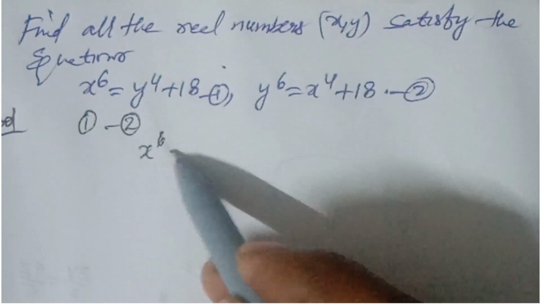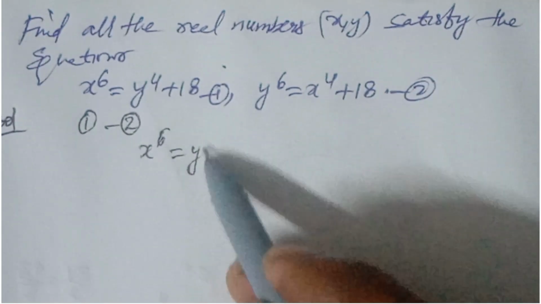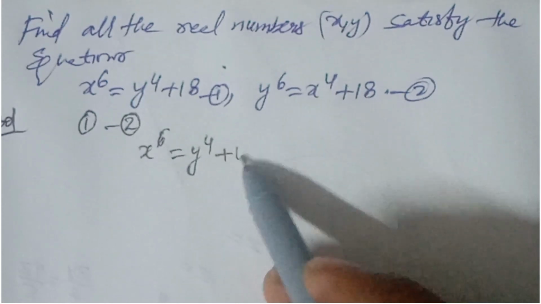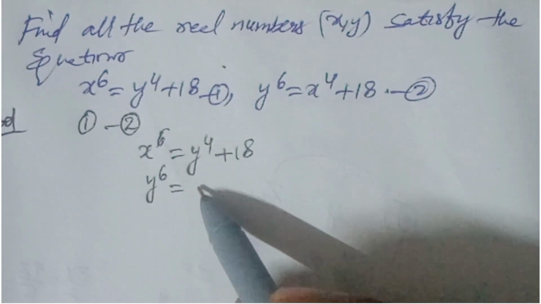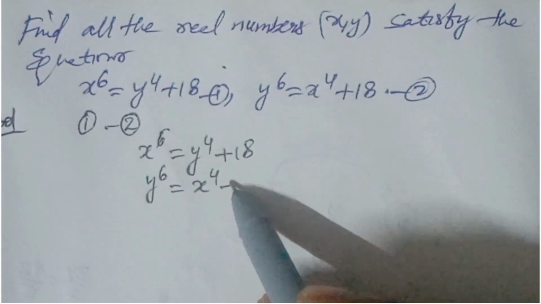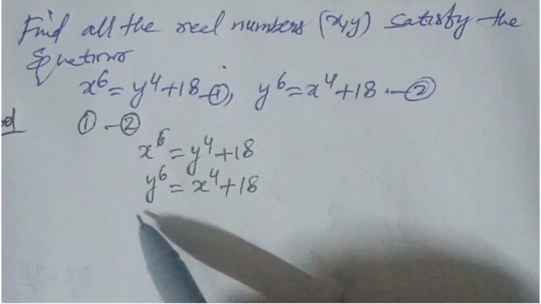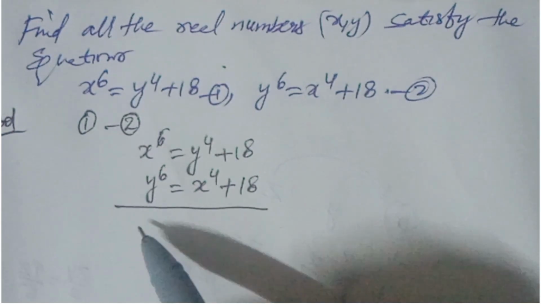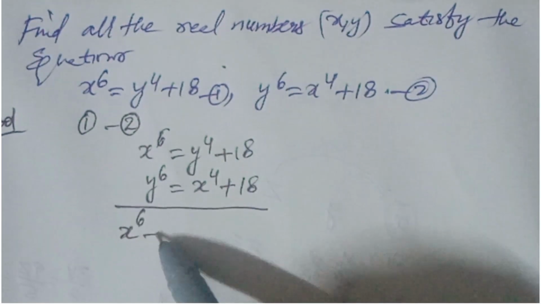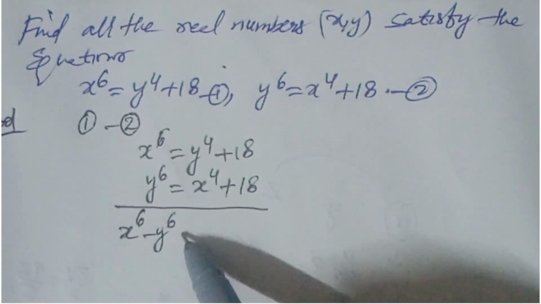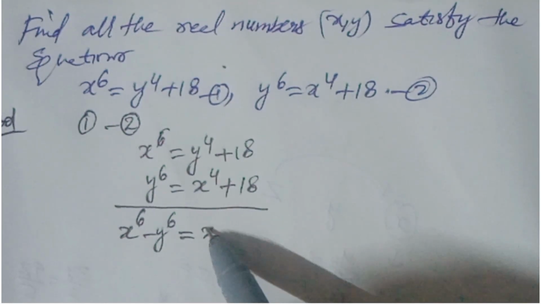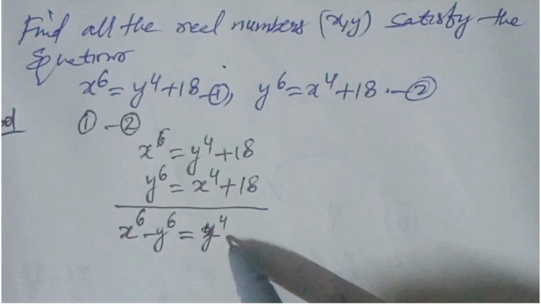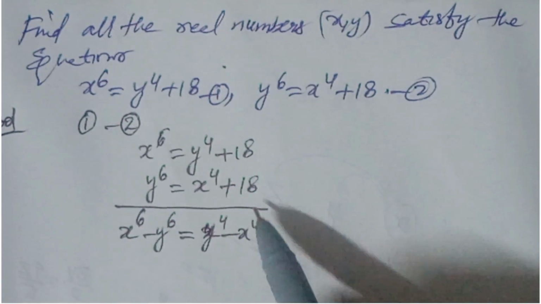What you'll get here? x power 6 is equal to y to the power of 4 plus 18. y to the power of 6 is equal to x to the power of 4 plus 18. If you subtract these two, x power 6 minus y power 6 is equal to y to the power of 4 minus x to the power of 4.